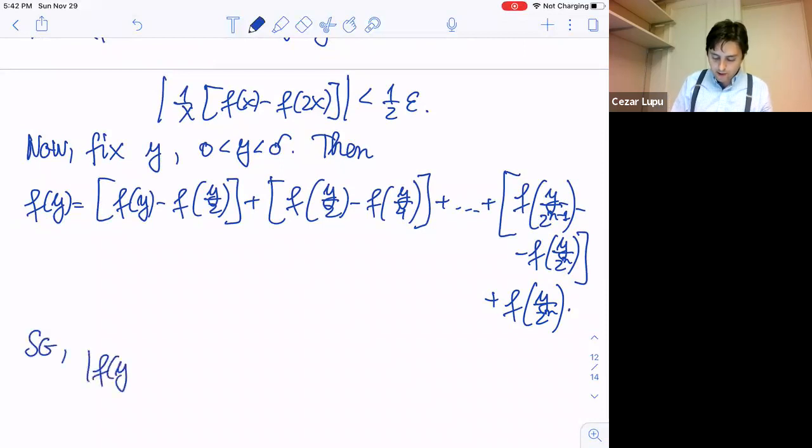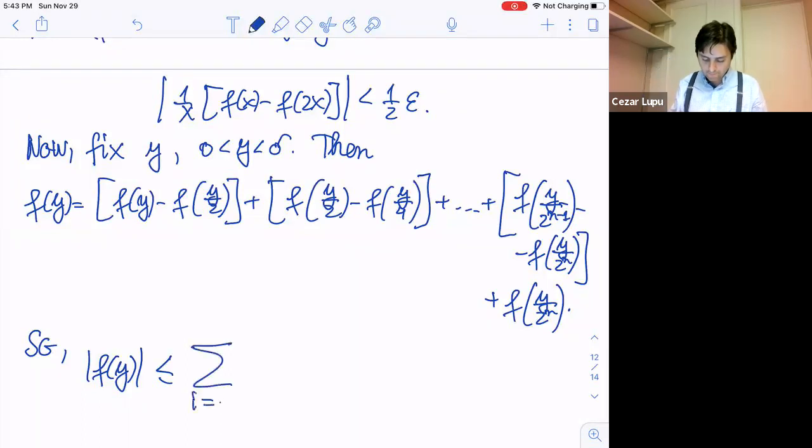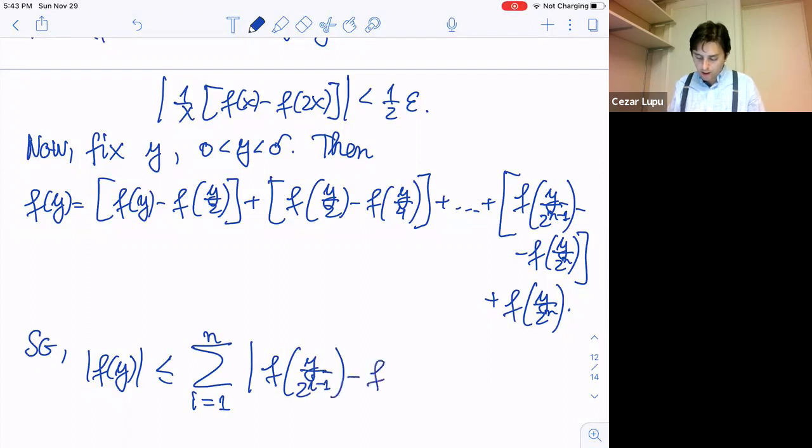So if we take the absolute value here, this will be less or equal than the sum of these guys, f of y over 2 to the i minus 1 minus f of y over 2 to the power i, plus the last one, which is the absolute value of f of y over 2 to the n.